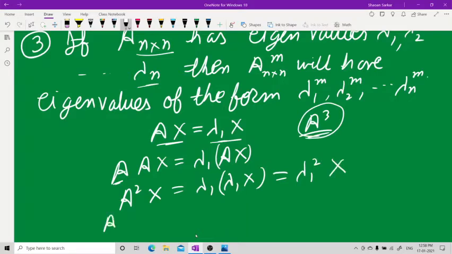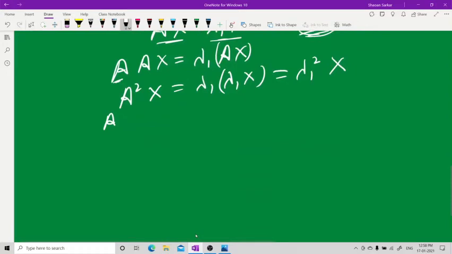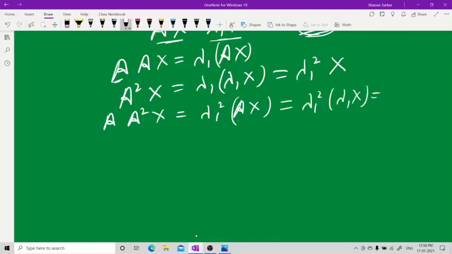Again, I'll do it for A square x equals lambda 1 square Ax, and again I'll use that Ax is equal to lambda 1 x, and then I'll get lambda 1 square lambda 1 x, which becomes lambda 1 cube x. So now A cube x is equal to lambda 1 cube x.